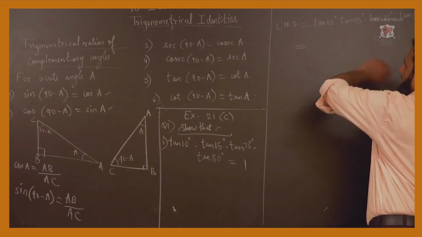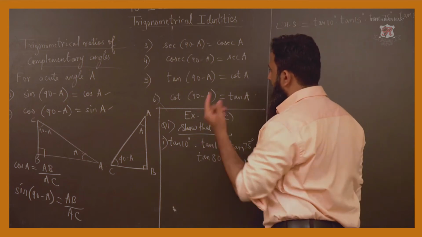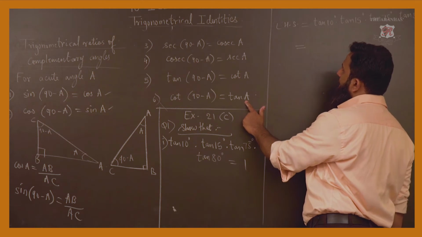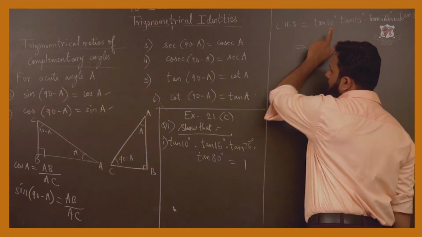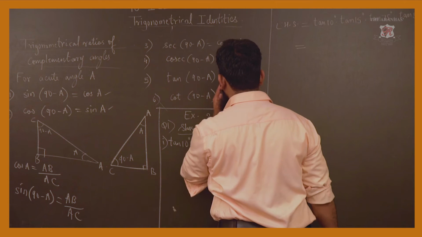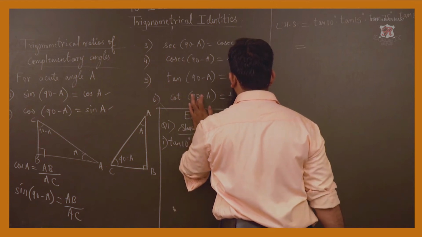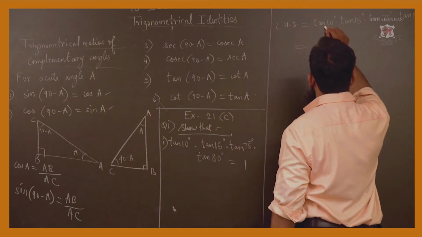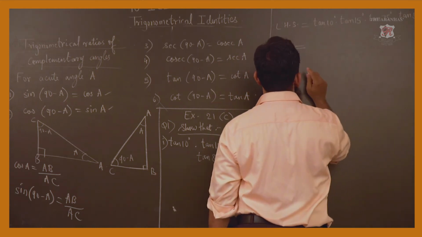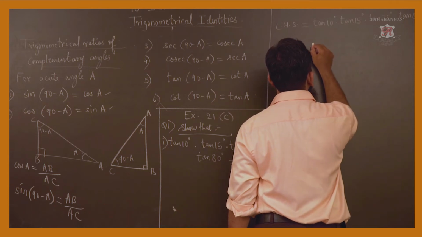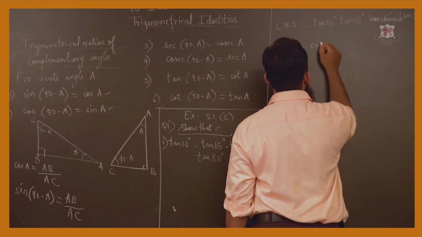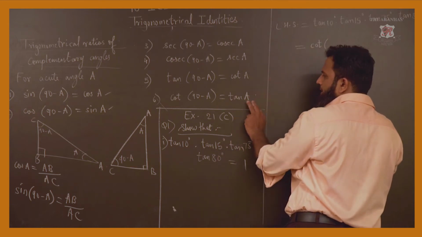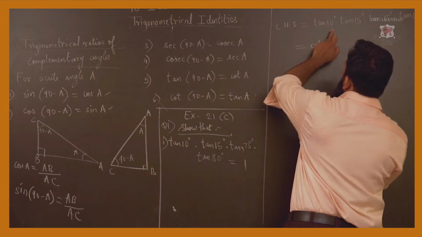Like now tan of 10 degree. Have a look. Here it is A. A is 10 degree. So can I write it as cot of 90 minus A, that is cot of 90 minus 10. So tan of 10 degree can be written as, wherever, dear students, very easy, wherever you find A, just write that value.